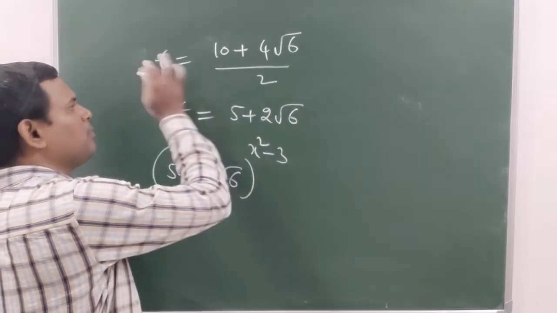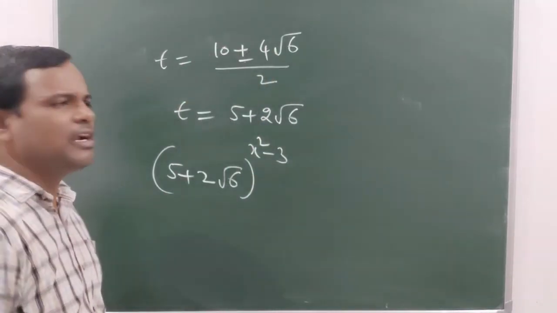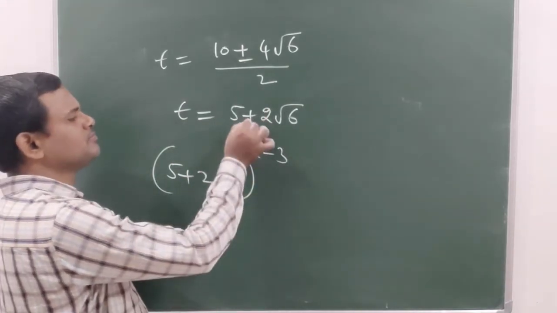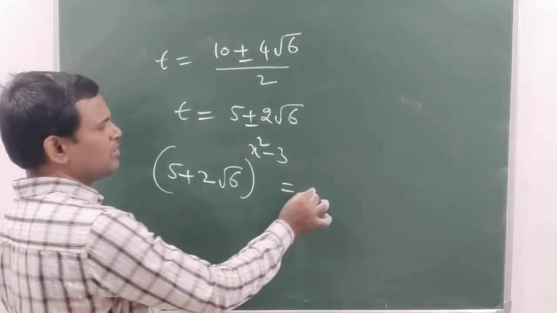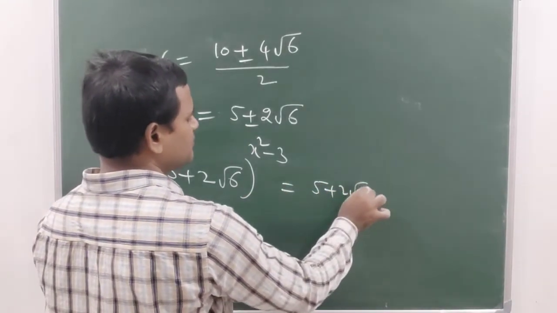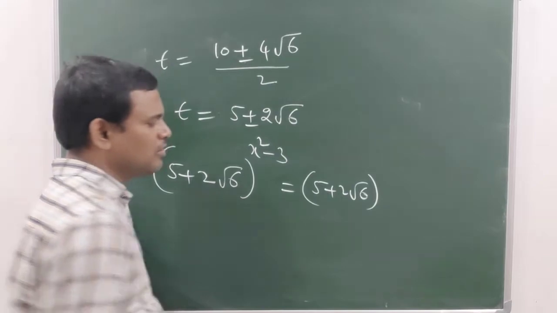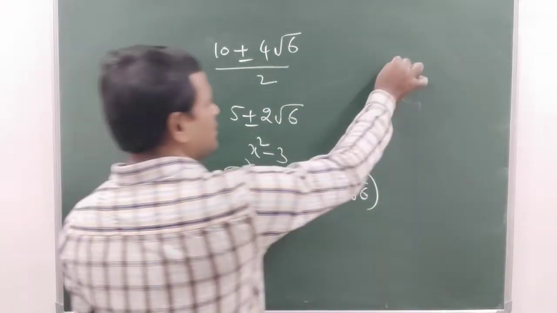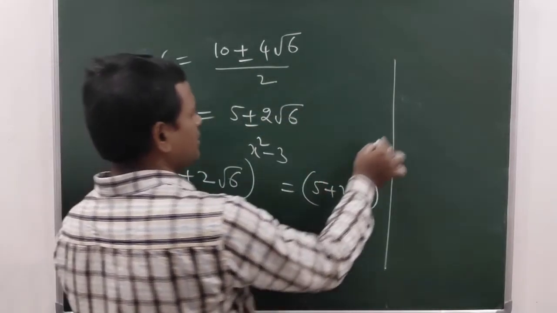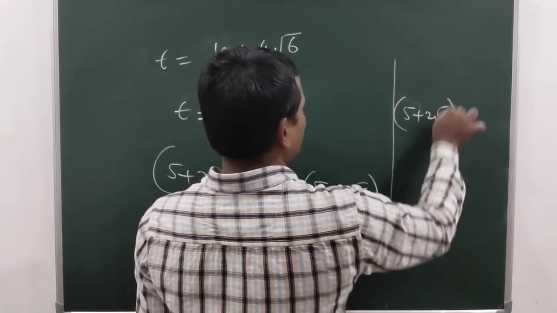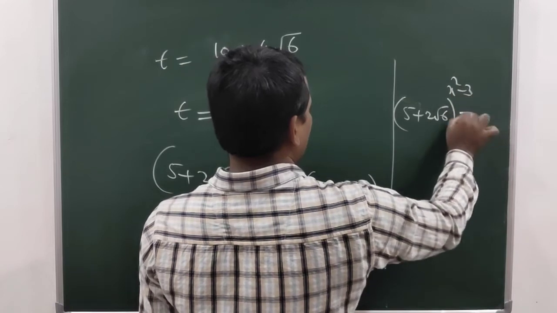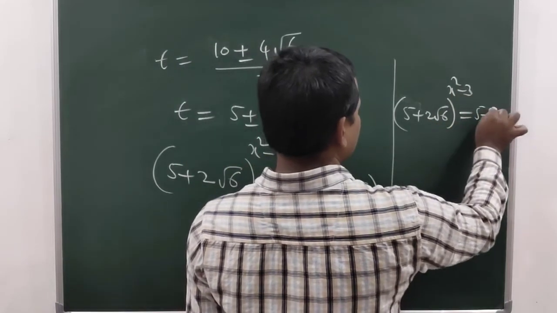Otherwise here you can take plus or minus. Right, plus or minus. Once I want to equate this one equal to 5 + 2√6. Okay. Next, in the one more case I equate: (5 + 2√6)^(x² − 3) is equal to 5 − 2√6.